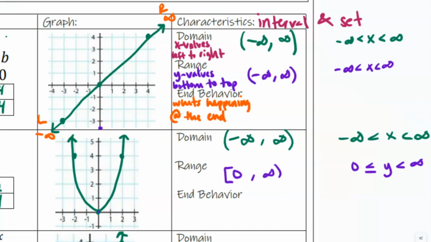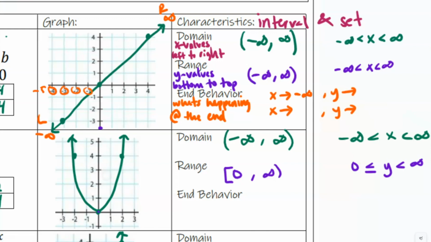So when we write this, you're going to say as x goes to something, y goes to. All right, so x is left and right, y is up and down. So as x goes to the left, and how would I say left for the x value? It goes -1, -2, -3, -4, -5, -6, all the way to negative infinity.